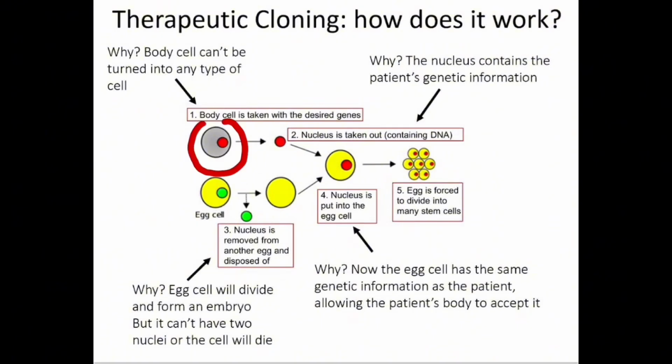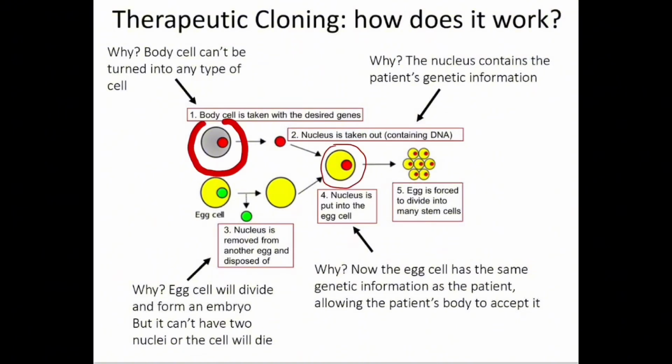And then we can see over here at step 4 that the nucleus that came from the body cell, which has the desired gene, is put into the egg cell, which I'm going to circle right over here where we have step 4. Okay, and now the egg is forced to divide into many stem cells. So this is how therapeutic cloning works.